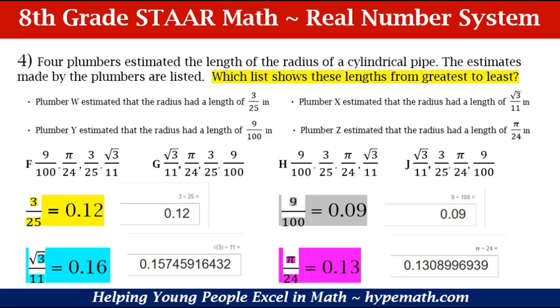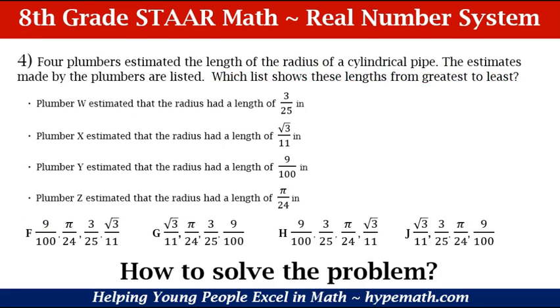And for pi/24, or pi divided by 24, remember that fraction bar is really saying divide by. So pi divided by 24 is equal to 0.13. This is the information that will help us find our answer.